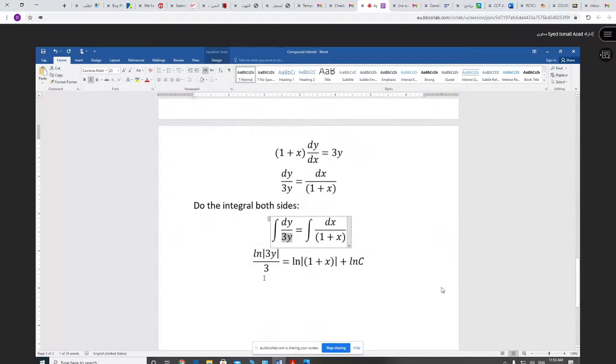ln 3y over 3. Now look, by using the properties of log, you know how you can write down. If you have log of two values and in between you have this plus sign. Let me write down a note.